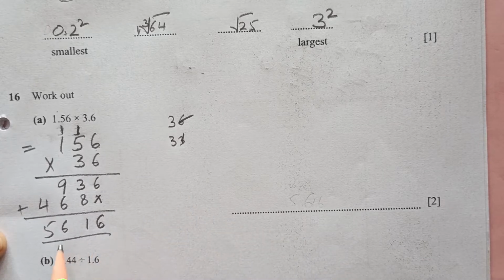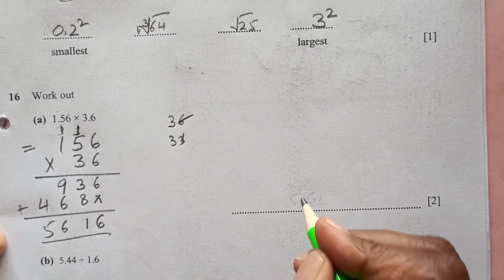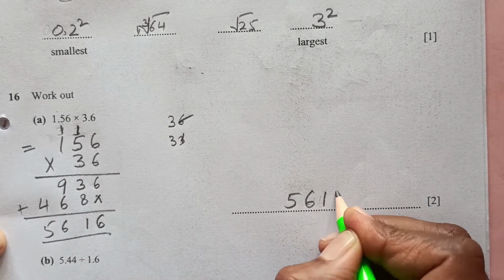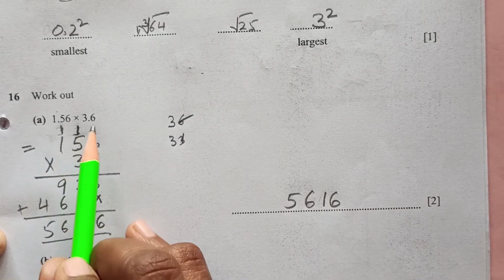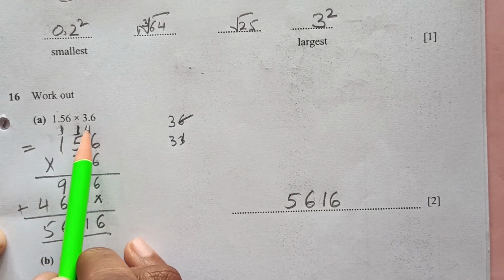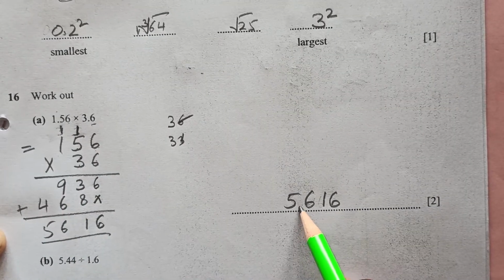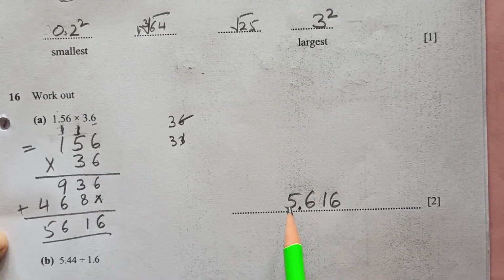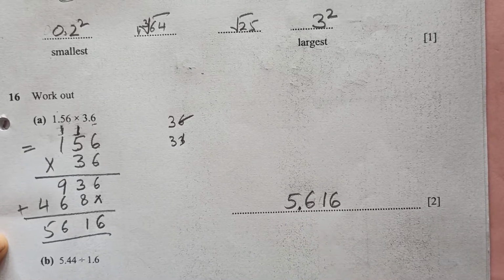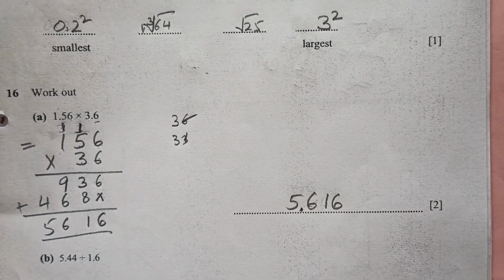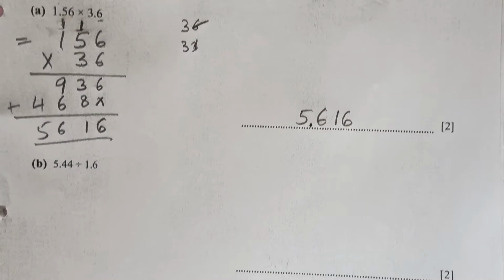So we have 5616. Now what to do with the decimal? Count the decimal places. We have 1 decimal place here, 2 and 3. So 2 and 3, the decimal will come here. So final answer is 5.616. Right? That is how you will multiply the decimals.